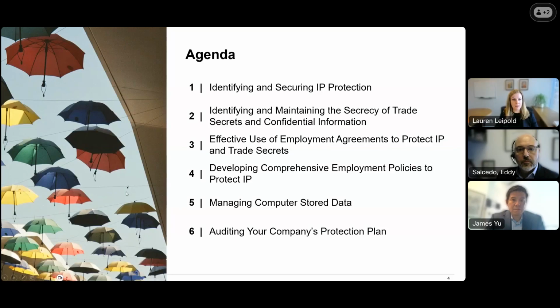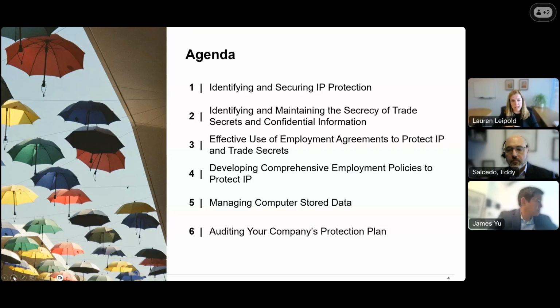So today we want to talk to you about being proactive about identifying and securing your protection of your various IP assets. We'll start by discussing an overview of the various different types of IP you may want to keep an eye on and determine how those pieces fit into your overall strategic plan. We'll then move into trade secrets specifically, because trade secrets, the focus of today's program, are a species in and of itself and will require some special treatment.